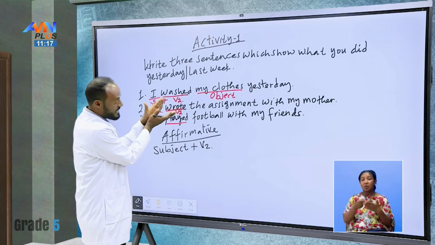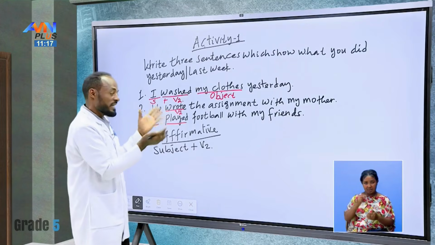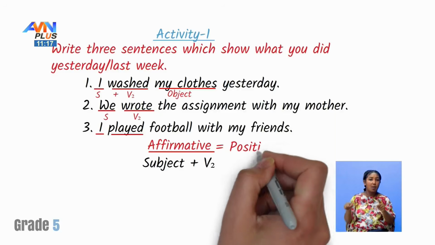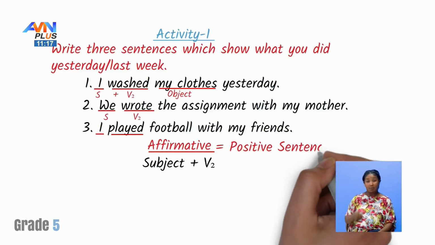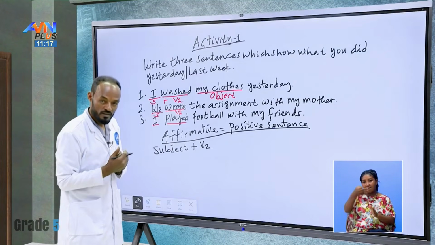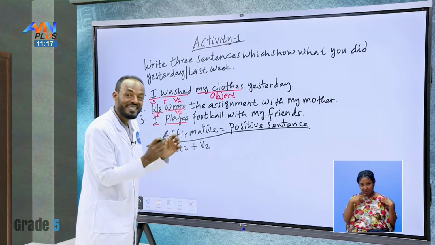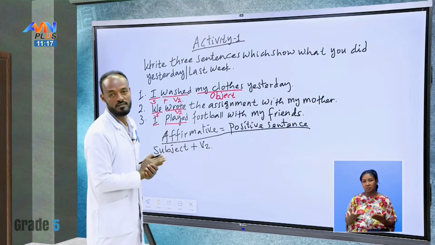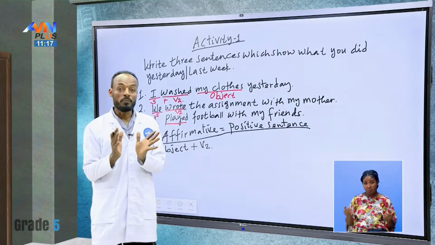So this one is the affirmative form of simple past, because this one can be said a positive sentence. Bear in your mind, positive sentence means affirmative sentence, which goes from subject to the verb without adding not, and also without changing it into a question. This is a normal sentence. So these ones are the affirmative form. I hope I'm clear, okay?